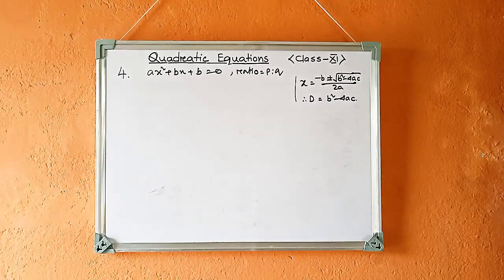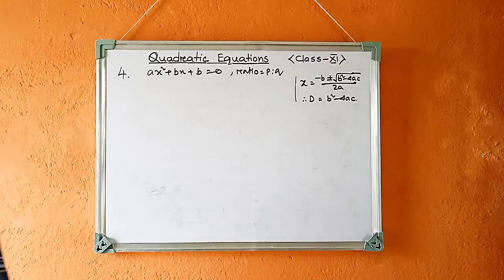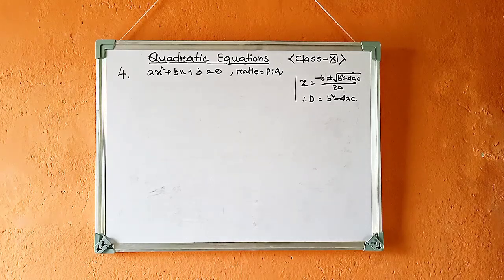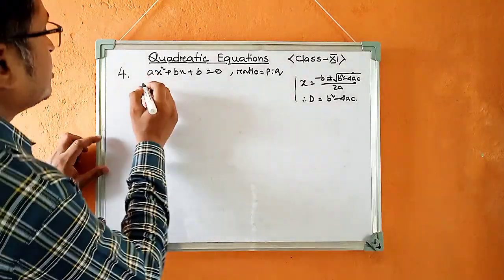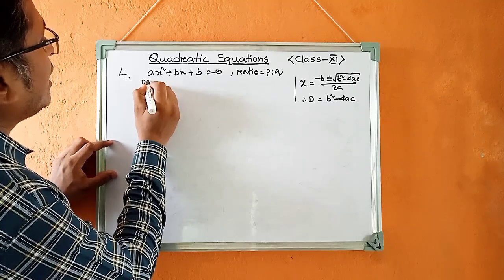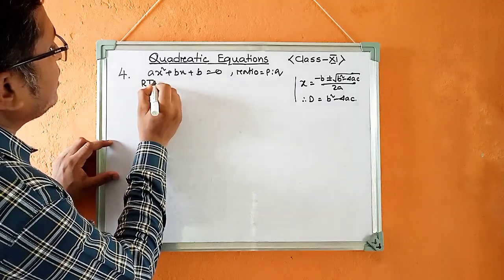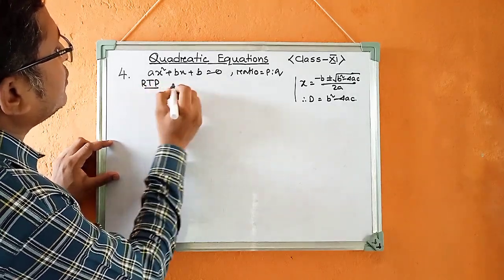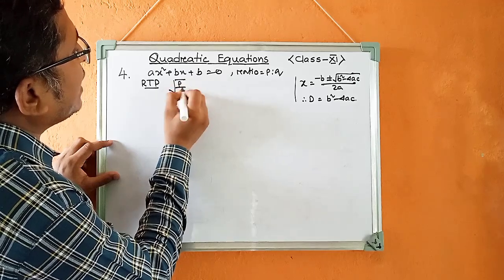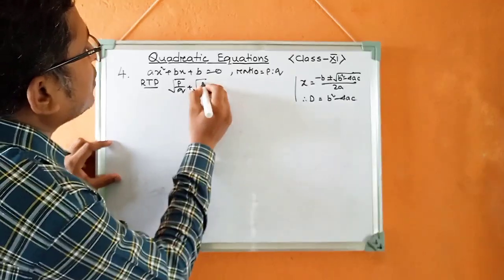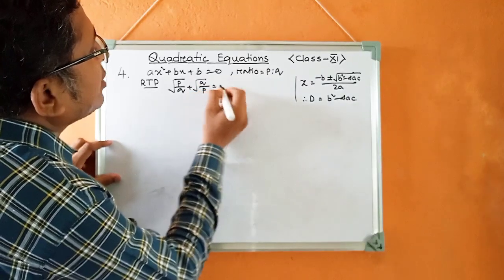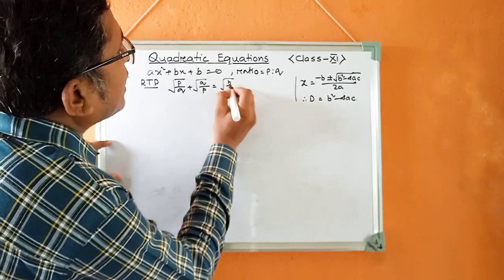Now the question is, prove that root over p by q plus root over q by p equals root over b by a.